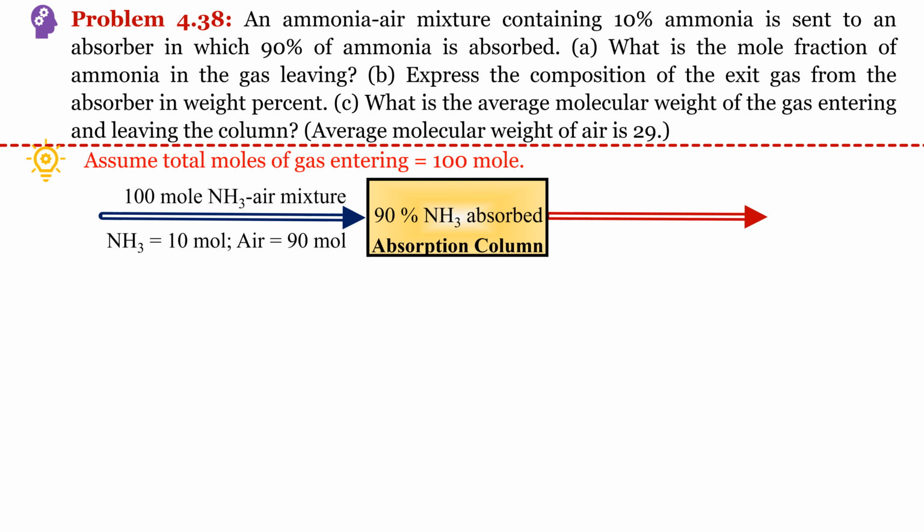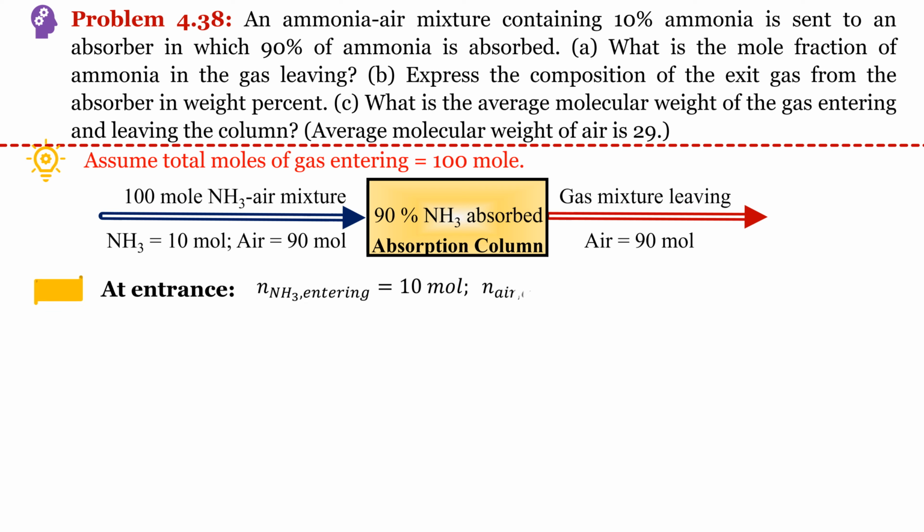Now we can write the conditions for leaving gas. So in the leaving gas, moles of air will not change. So moles of air will remain 90. Now we can do the calculation. So at entrance, moles of NH3 entering equal to 10 moles and moles of air entering equal to 90 moles.